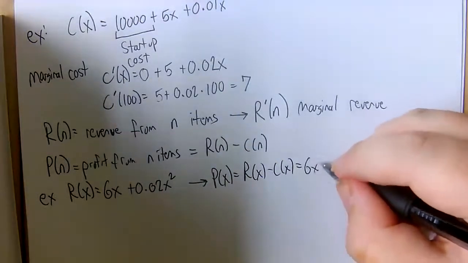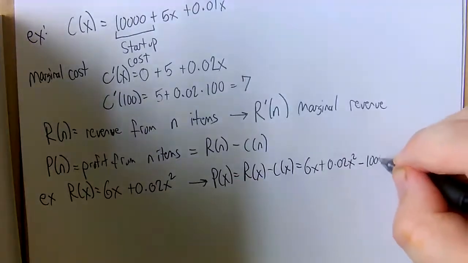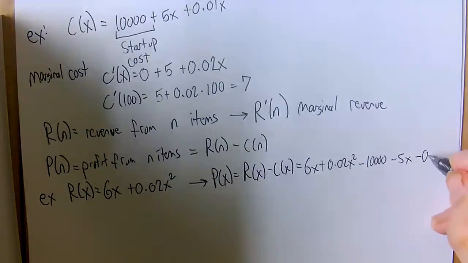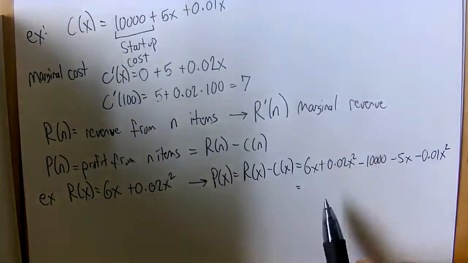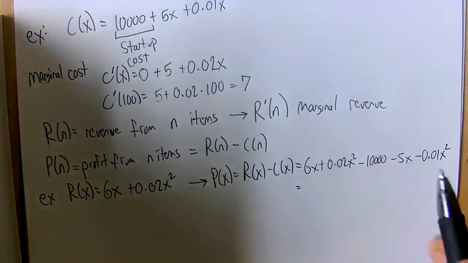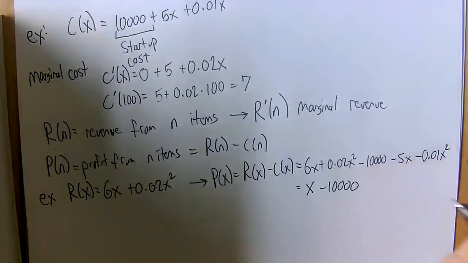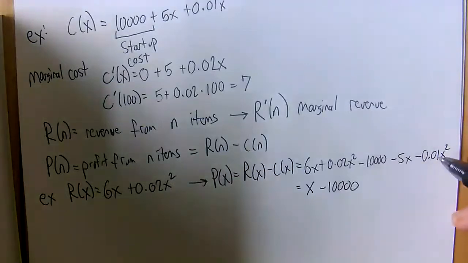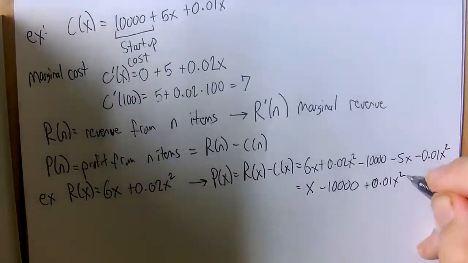So we're going to have 6x plus 0.02x squared minus 10,000 minus 5x minus 0.01x squared. So this is the revenue function minus the cost function. And when we do this, we have 6x minus 5x is x. We have minus 10,000. And then we have 0.02x squared minus 0.01x squared. So we have plus 0.01x squared.